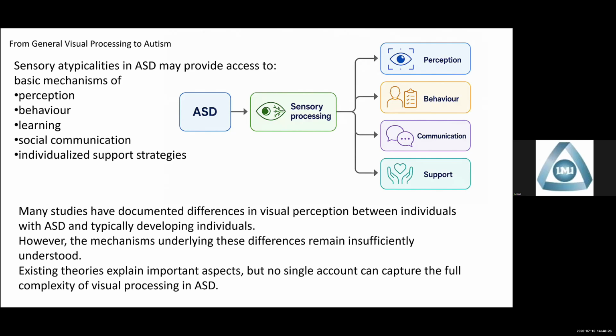Many studies documented differences between visual perception in autism and in groups with typical development. But I think that nowadays this is not very interesting. It is clear that the visual perception is different. The main question is why? The mechanism of this atypical visual perception is still unknown. And we will try to shed light on this question.